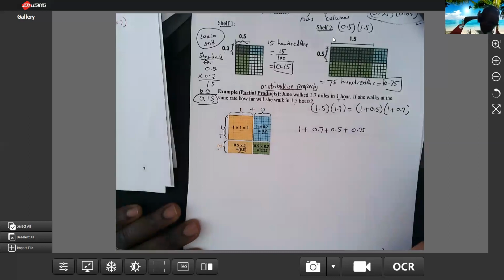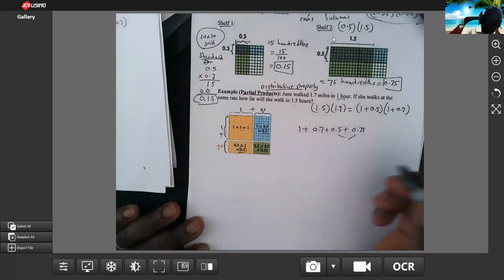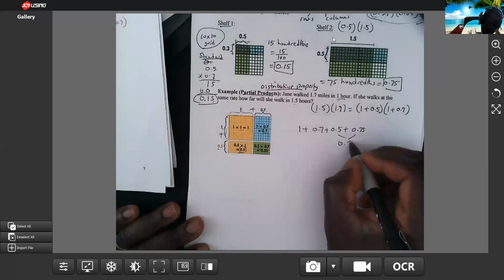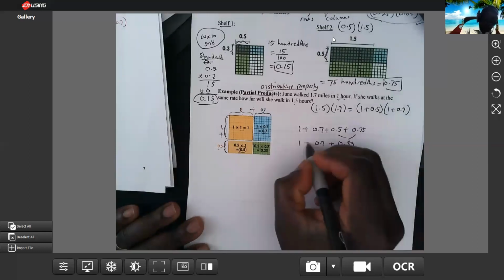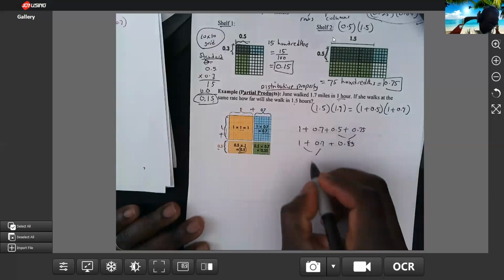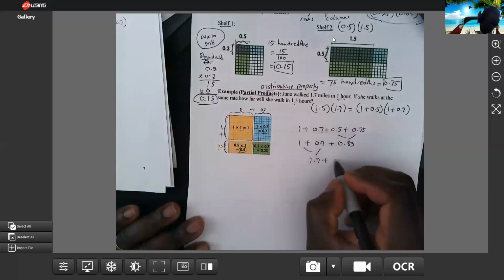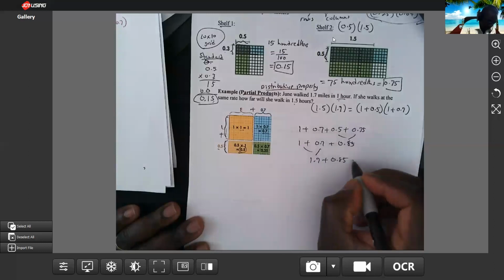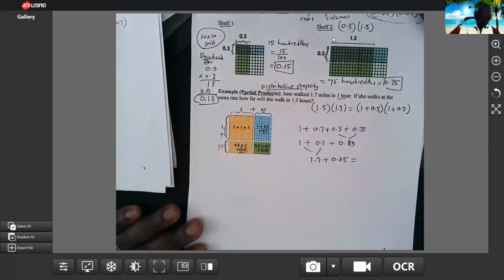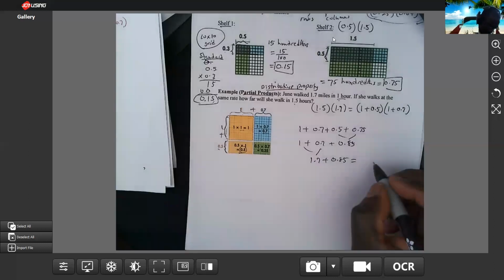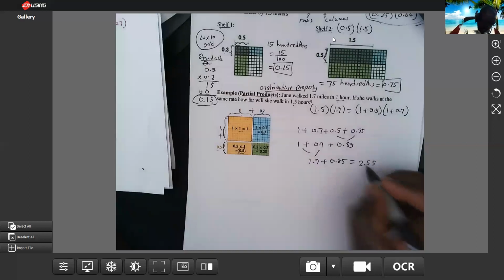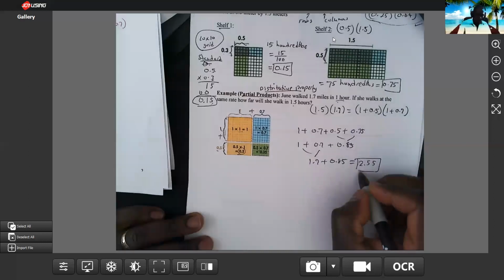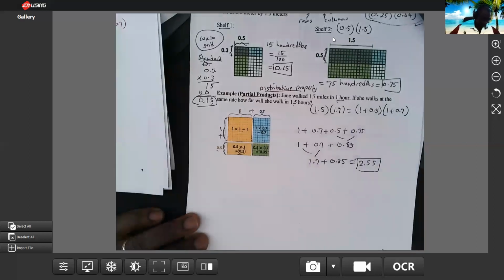Now if you add this, it's the same as 0.35 plus 0.5 is 0.85, plus 0.7, and then 1 plus that. So you can have 1.7 plus 0.85, and that will give us 2.55.